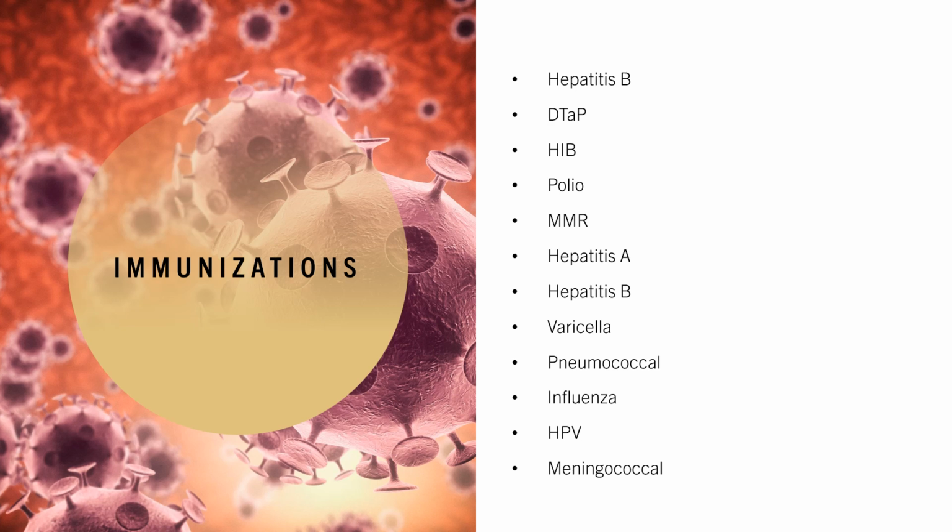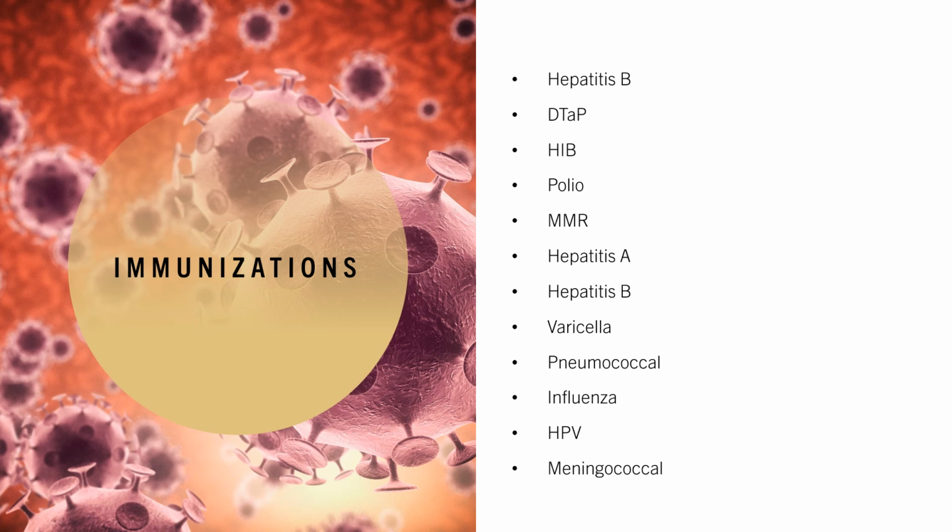If it's a child that has functional or anatomical asplenia, if they have sickle cell, if they have various cardiac, pulmonary, or renal disorders that are chronic and lifelong, if they have diabetes or HIV, or they're otherwise immunocompromised or immunosuppressed, those kids should receive what we call PPSV, which has 23 strains in it as opposed to the 13.